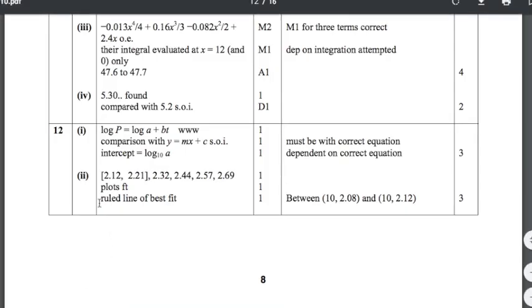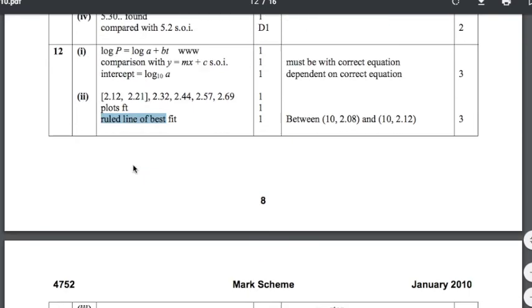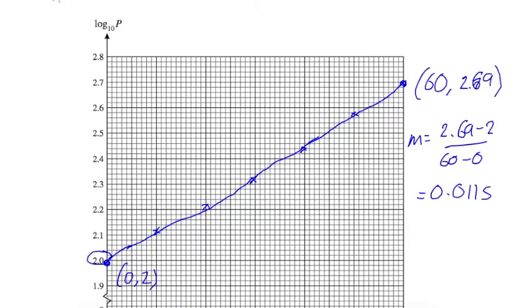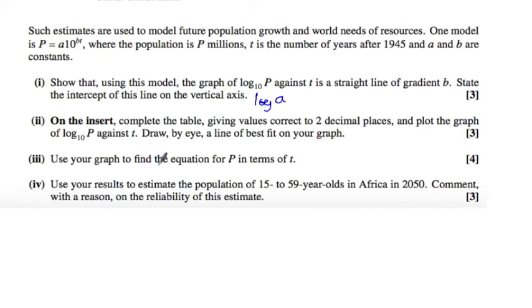So what they want in the mark scheme, you get the marks for putting those into the grid, a point for them plotted, a point for a line of best fit. And then, we didn't even look at the question actually. So use your graph to find the equation of p in terms of t. So we found our m was 0.0115 and log a was 2.